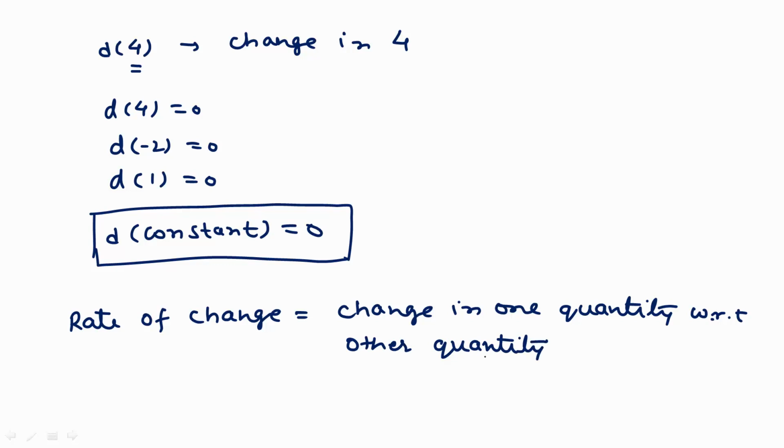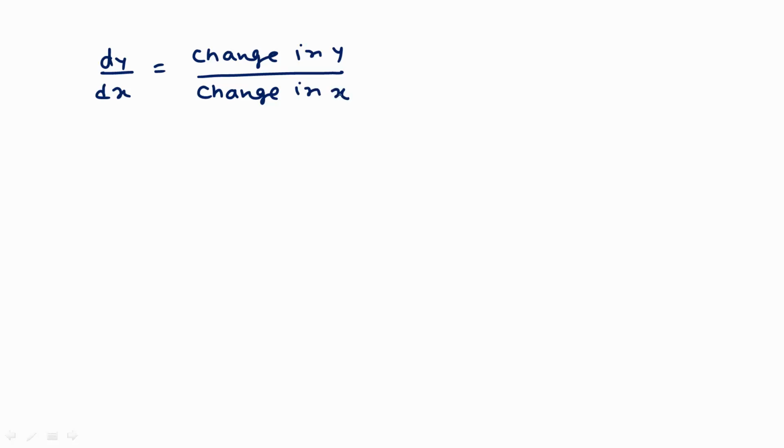What this means is, if I want to calculate the rate of change in y with respect to change in x, then we can write dy by dx. It means change in y over change in x.